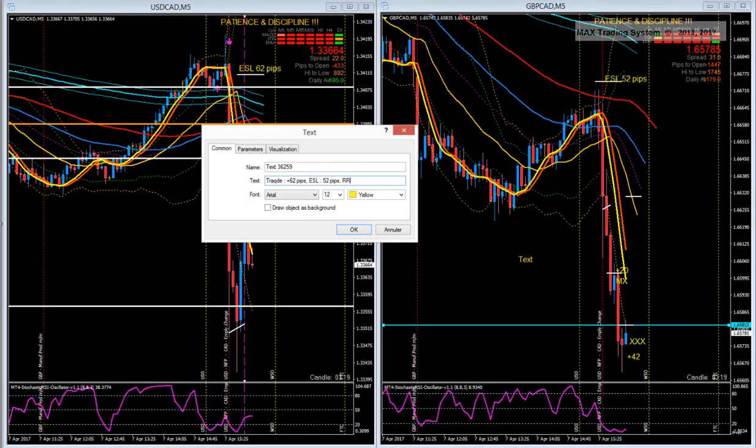This represents a reward to risk ratio of plus... So I have to make the calculation here. So 62 divided by 2 and then divided by 52, plus 0.6 R.